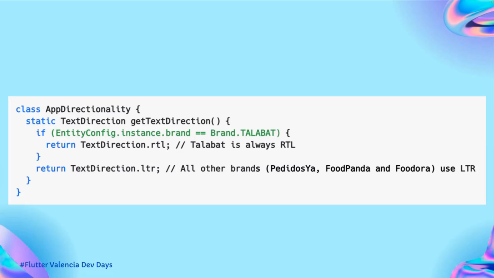and it makes it very easy to change left to right and right to left. We use the class Directionality, where we force that if the brand is Talabat, which uses Arabic, then we always use right to left. Otherwise, for PedidosYa, Foodora, and Foodpanda, left to right. So this allows us to apply the direction dynamically based on the brand settings, and it was centralized.